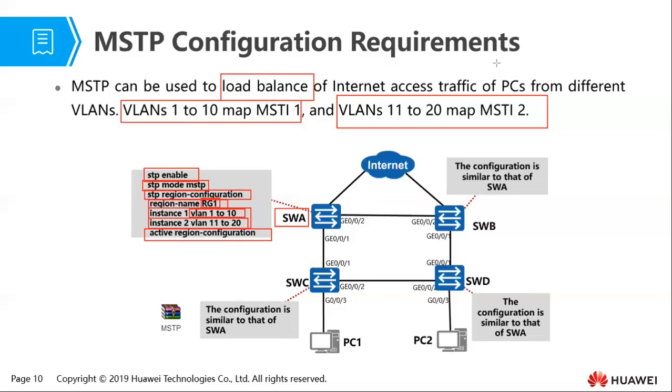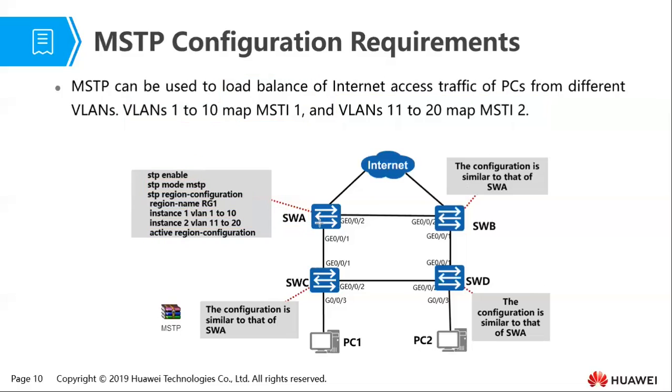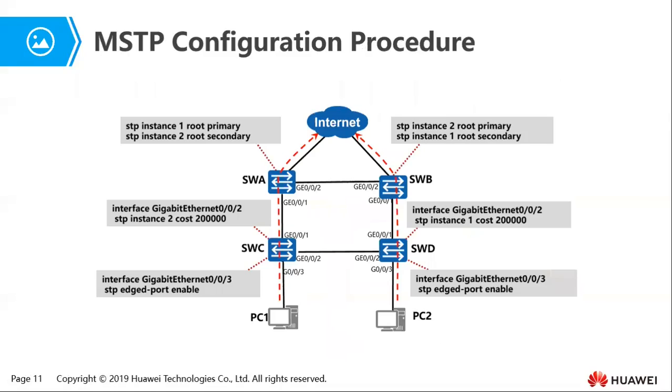I know you're asking yourself now, how do you specify who the root is? Because who the root is determines the ports that are going to be blocked for each MSTI. So that is what we are looking at in this next slide. On switch A, we are simply making switch A the root for MSTI 1, and the secondary root for MSTI 2.